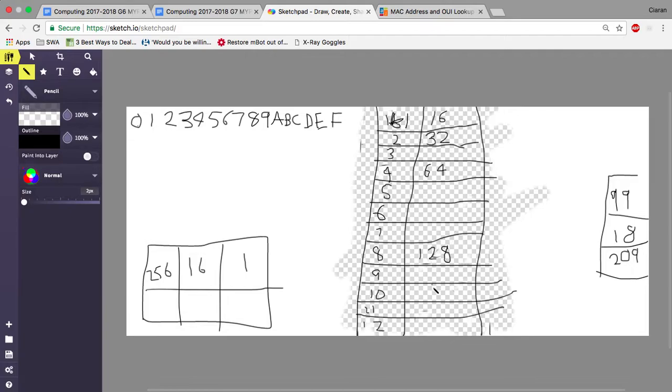And of course 16 times 10 is easy to work out. That's 160. We can add 16 to that to get 16 times 11, which is 176, and add 16 to that, which is 192.